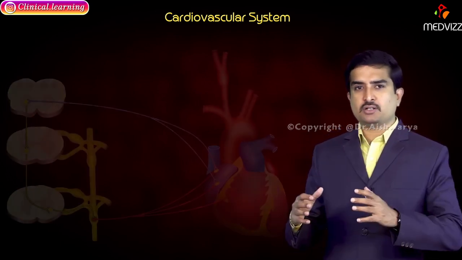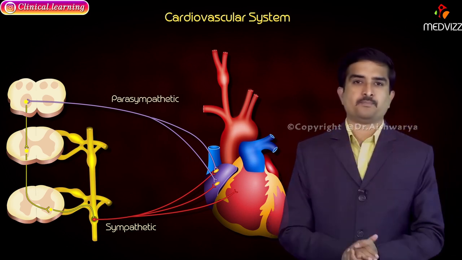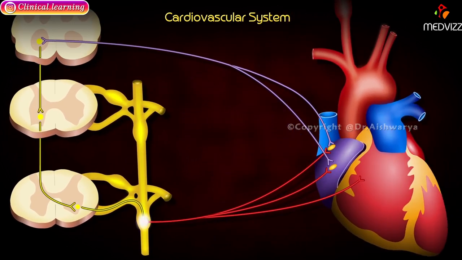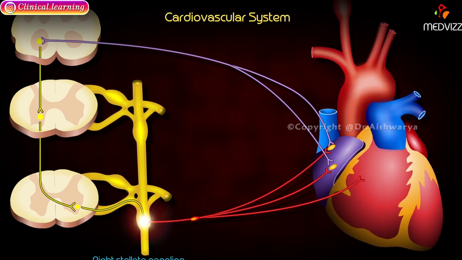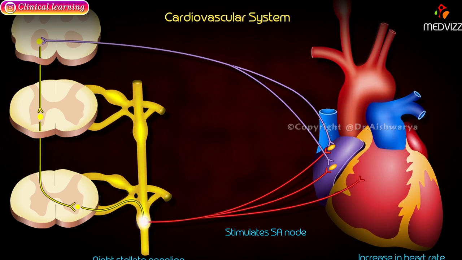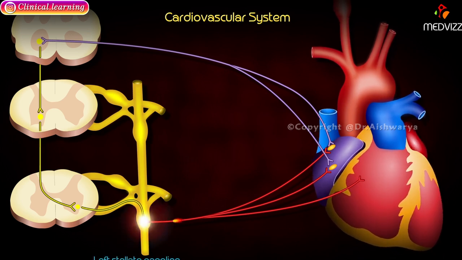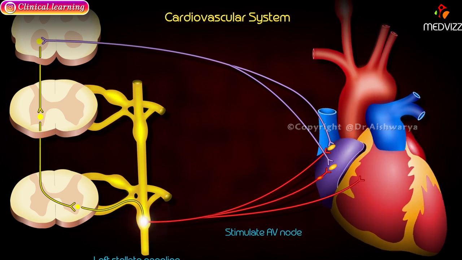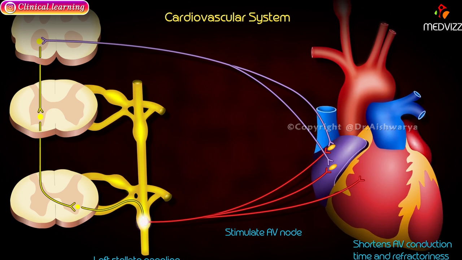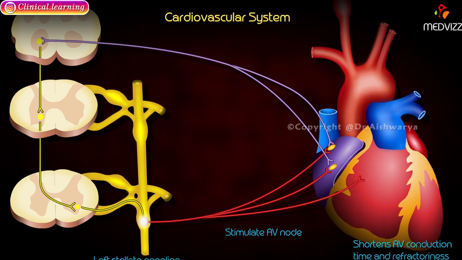Now let us talk about the effect of stimulation of the sympathetic as well as parasympathetic nervous system on the heart. Stimulation of the right stellate ganglion stimulates the SA node, which increases heart rate. In the same way, stimulation of the left stellate ganglion stimulates the AV node, which shortens AV conduction, which means it decreases conduction time and refractoriness.